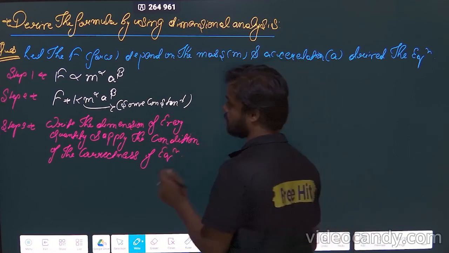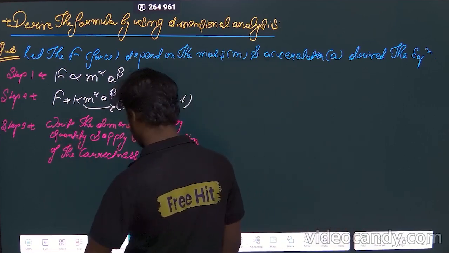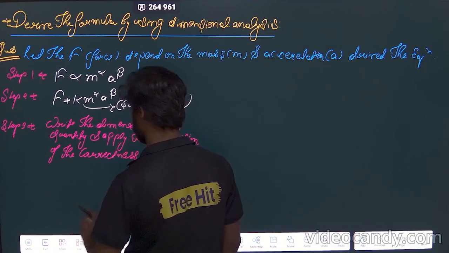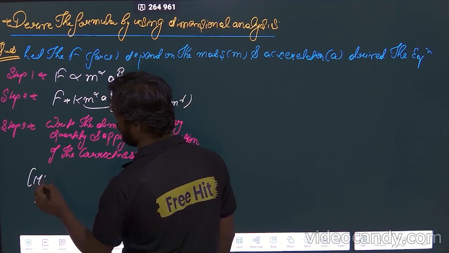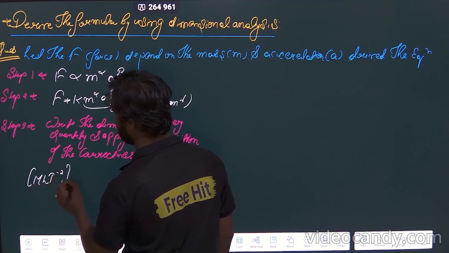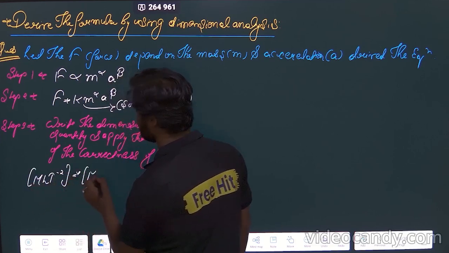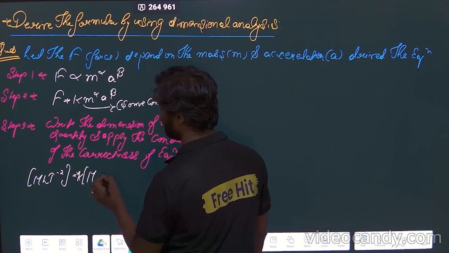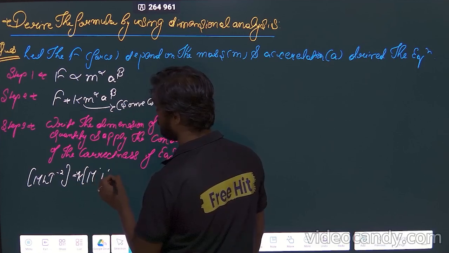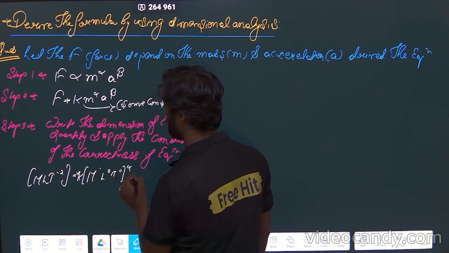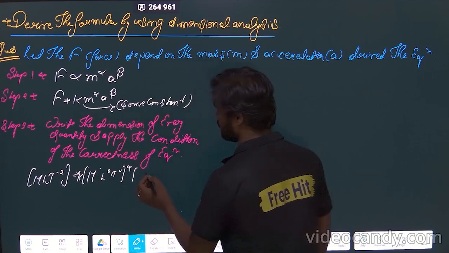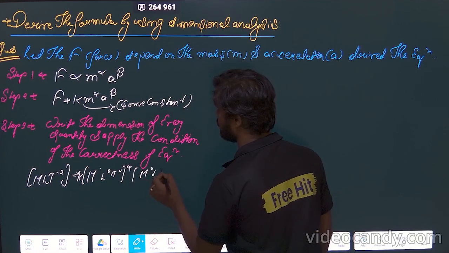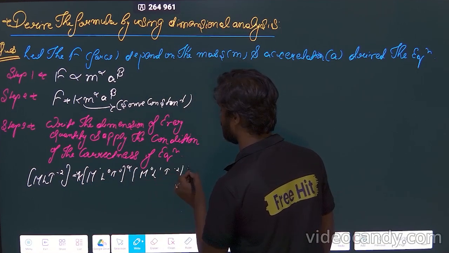Just apply this here. So force will be M L T to the power minus 2 is equal to, k is also here, M to the power 1, L to the power 0, T to the power 0, all to the power alpha. Then what is the dimension of acceleration? That is M to the power 0, L to the power 1, T to the power minus 2, all to the power beta.